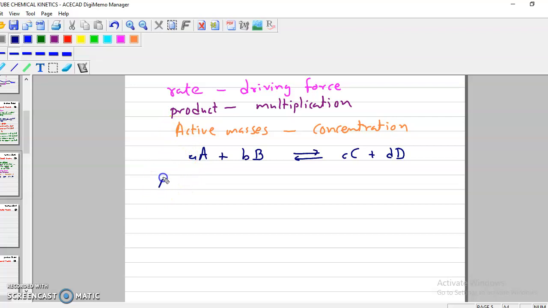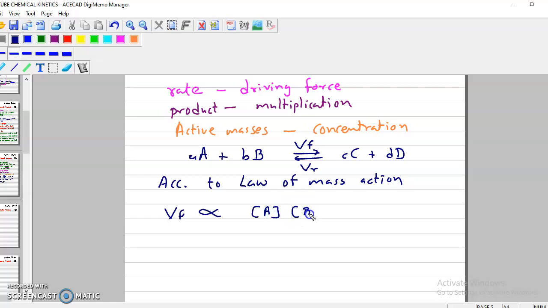Now according to the law of mass action, we can interpret this equation like this. Here we consider Vf as rate of forward reaction and Vr as rate of reverse reaction. So the rate of forward reaction, for which the reactants are A and B, is directly proportional to the concentrations of reactants A and B, and product means multiplication of the concentrations, and small a and b are moles of A and B respectively, so they will go into the power.